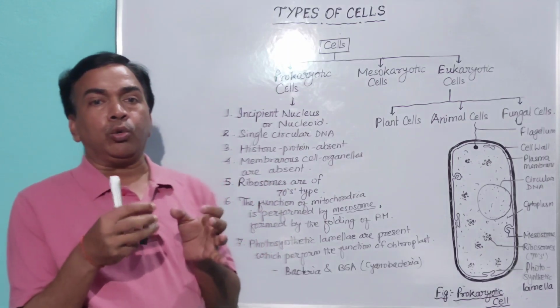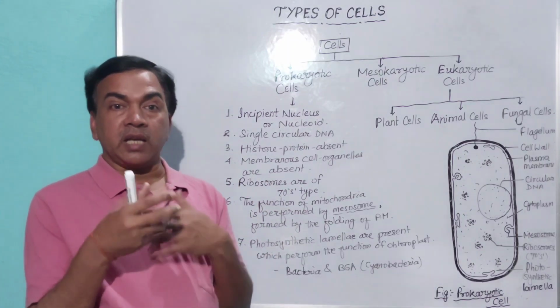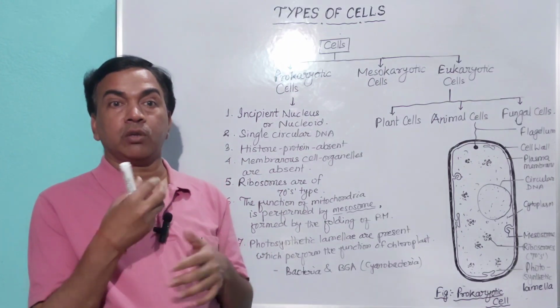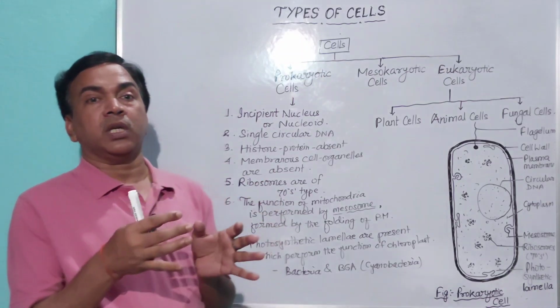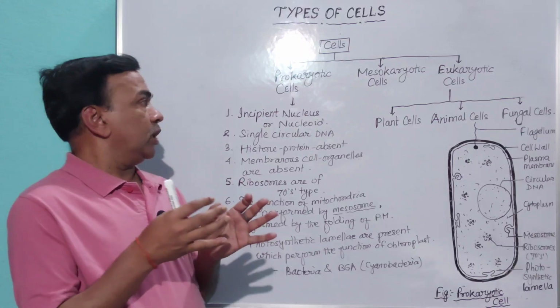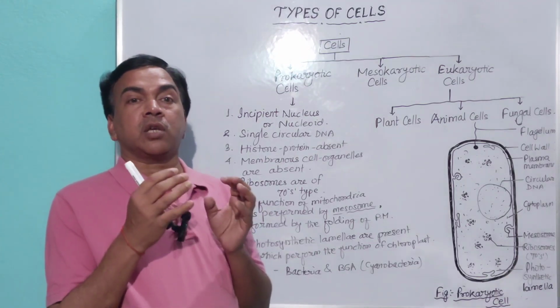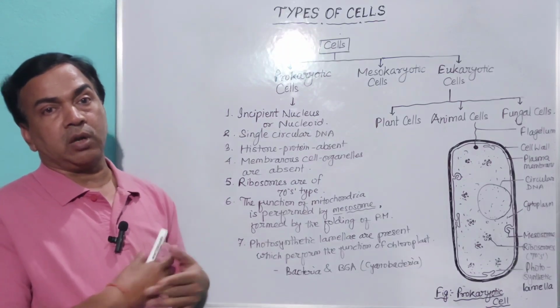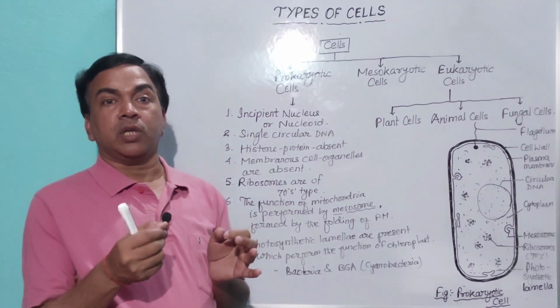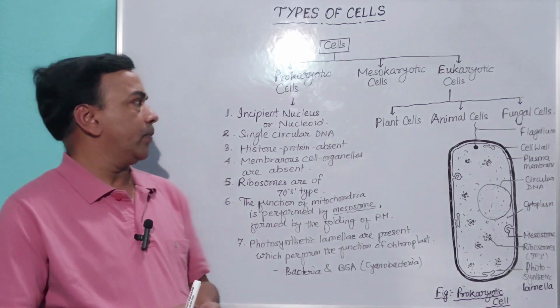There is no well developed nucleus like eukaryotic cells. Eukaryotic cells have a nucleus having four components, but here there is no nucleus, only a single circular DNA in place of the nucleus. Hence it is called incipient nucleus or nucleoid.